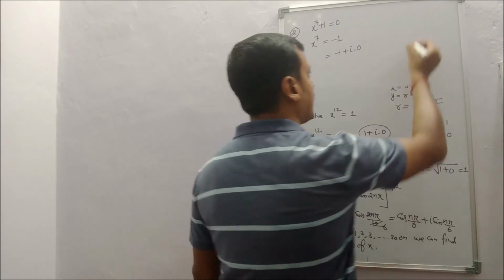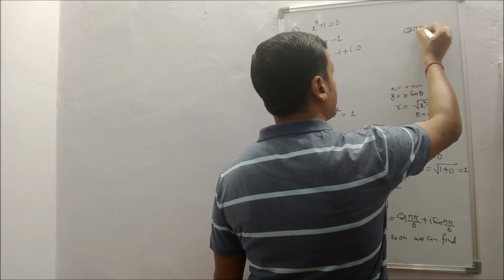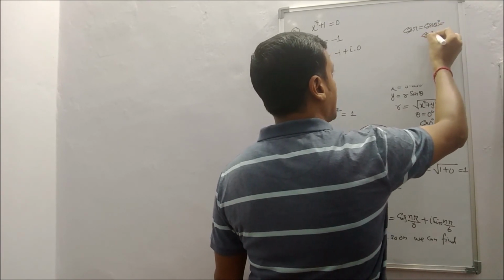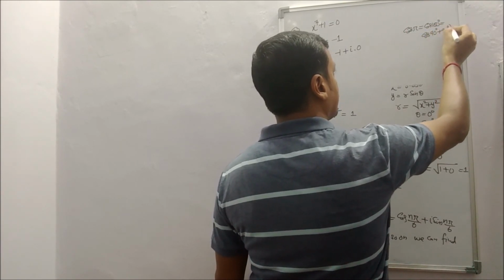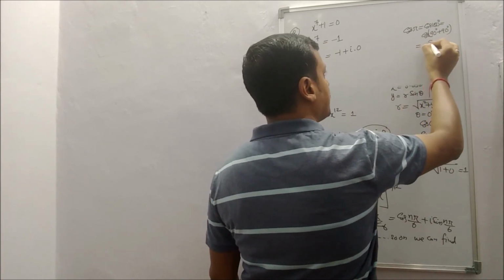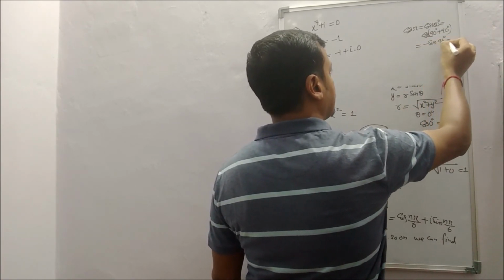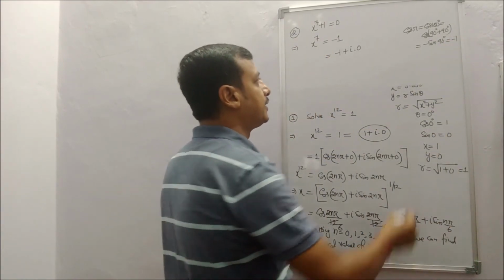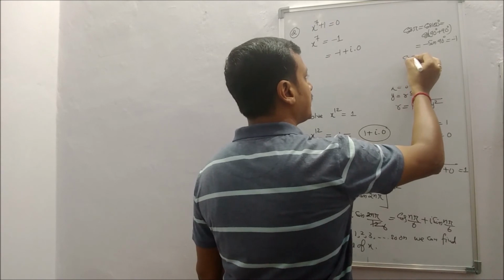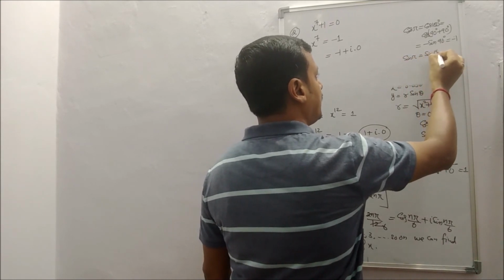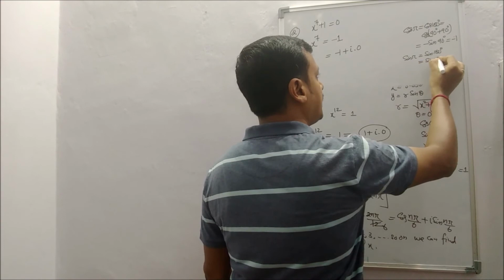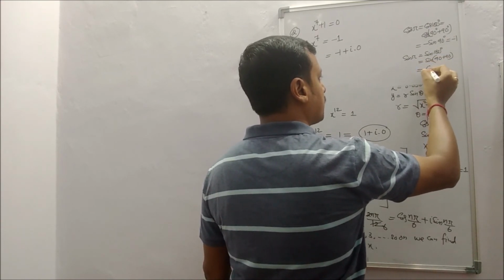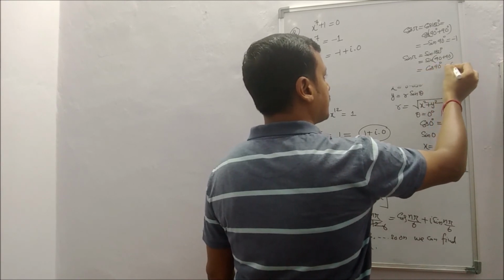So it is cos pi, or cos 180 degree. Cos 180 degree is equal to cos of 90 plus 90, that is minus sin 90, which is equal to minus 1. And sin pi, it is sin 180, so sin of 90 plus 90 is equal to plus sin 90 is equal to 0.